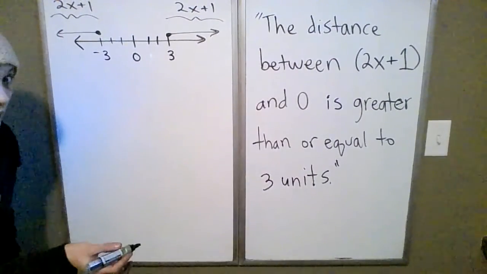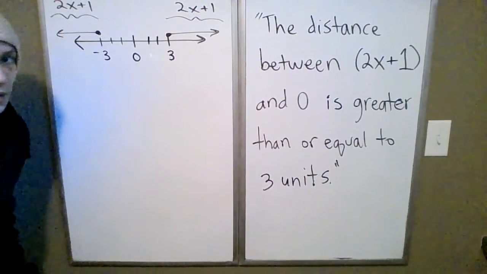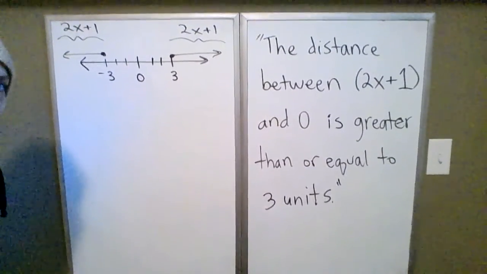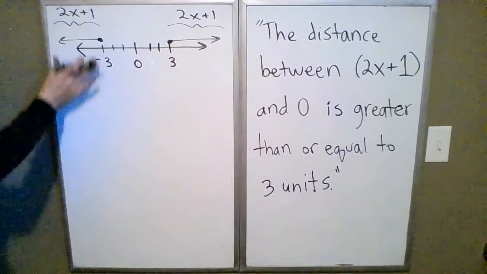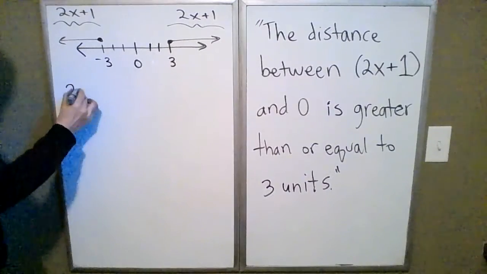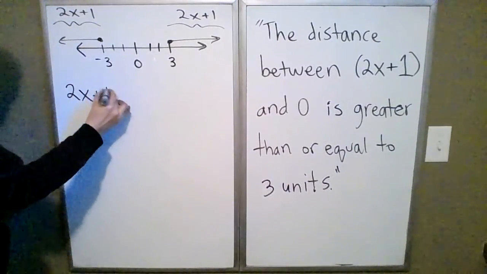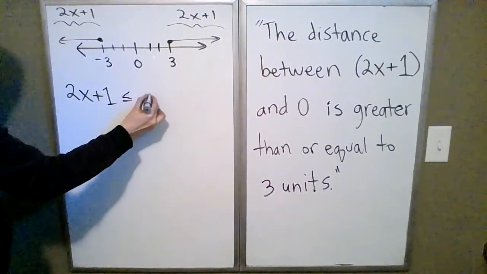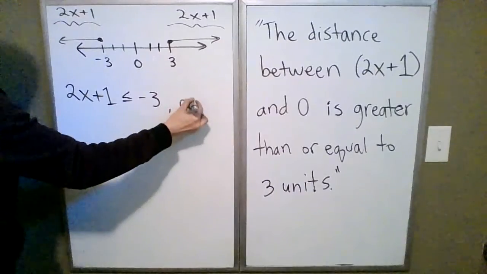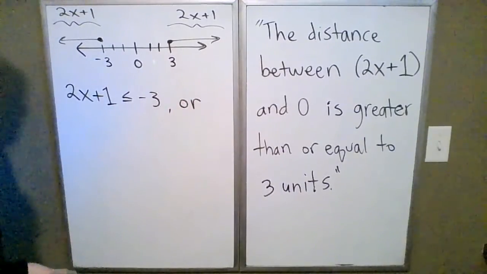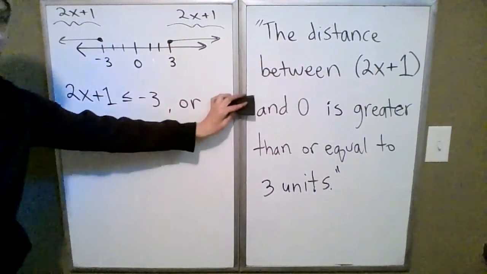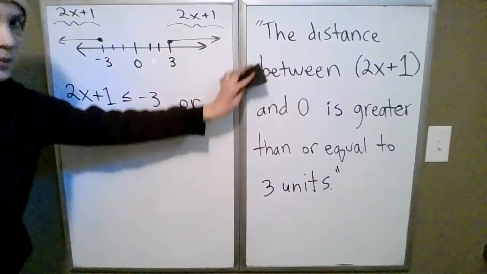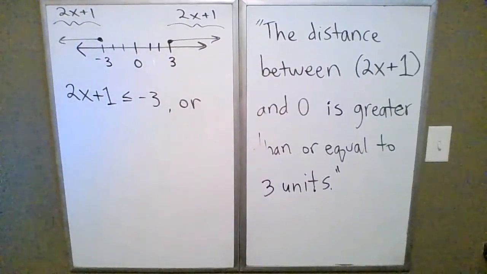All right, so I need two separate inequalities. Either 2x plus 1 is less than or equal to -3, just that piece there, or, and we'll have to solve this, and then on the separate board, we'll solve the other side.